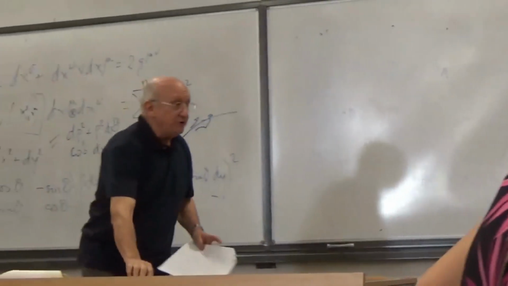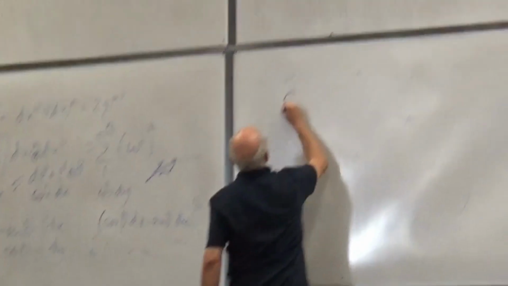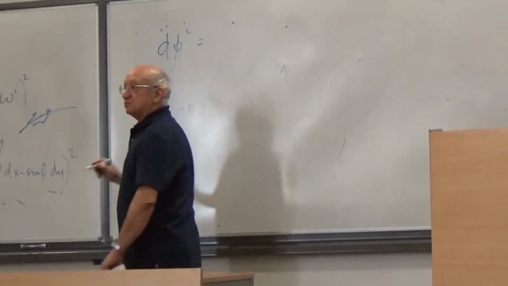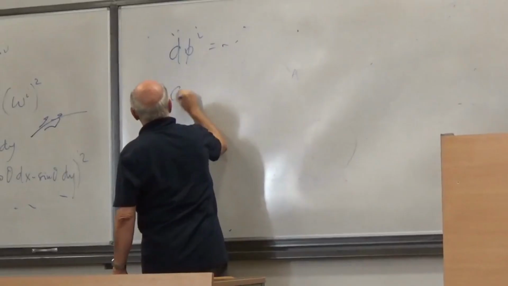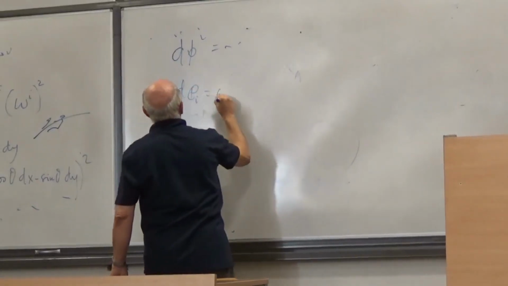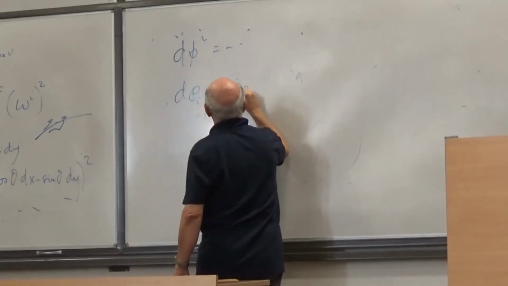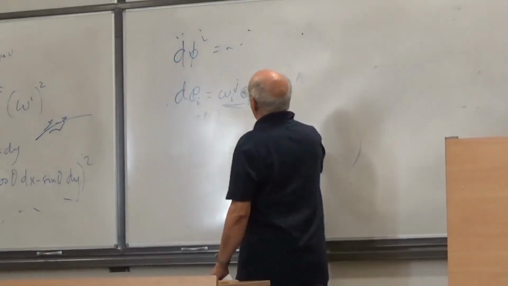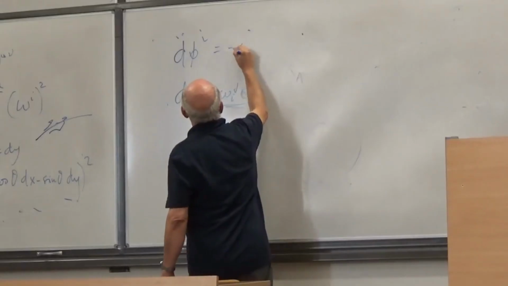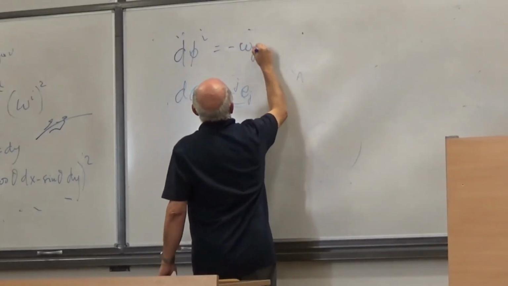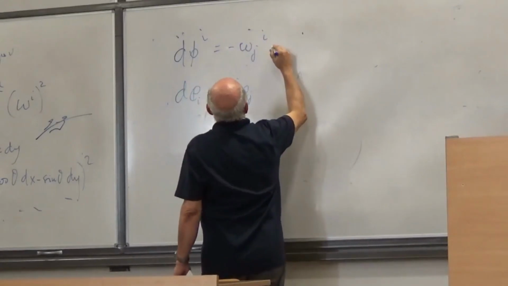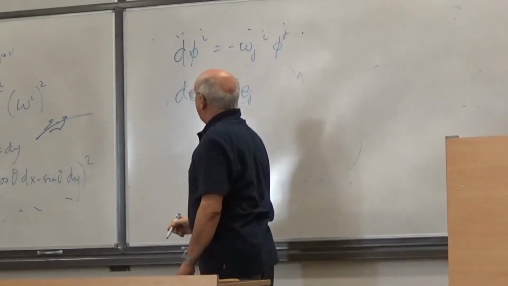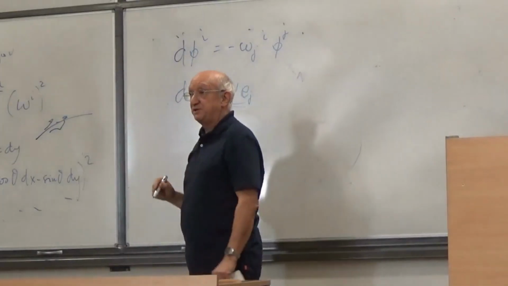Okay, according to this, if I have E_i equals omega_ij E_j, this is connection dependent. We are going to have minus omega_ji phi_j, and that is the difference between the two.